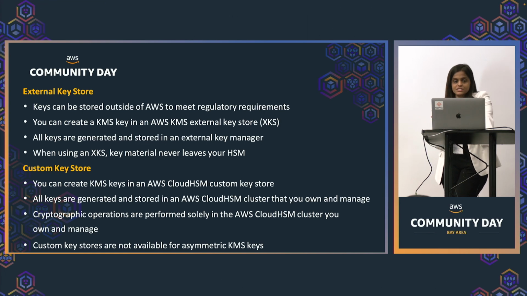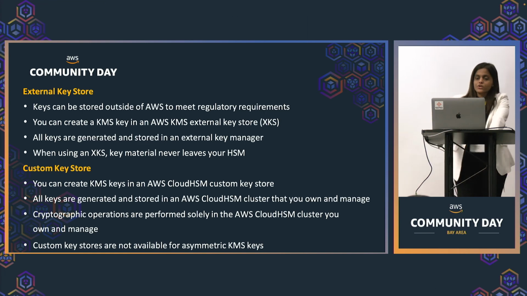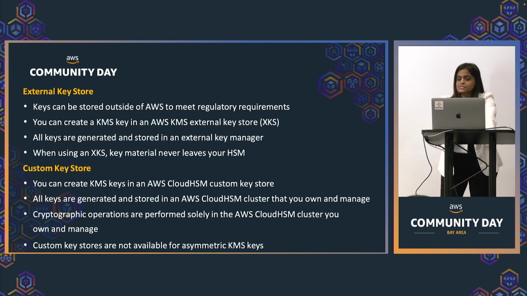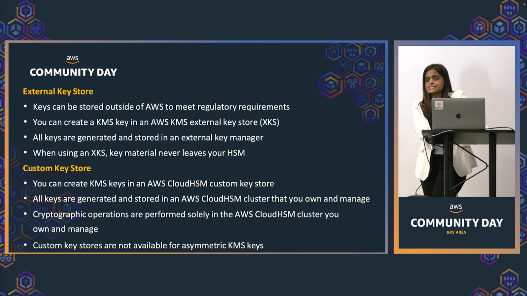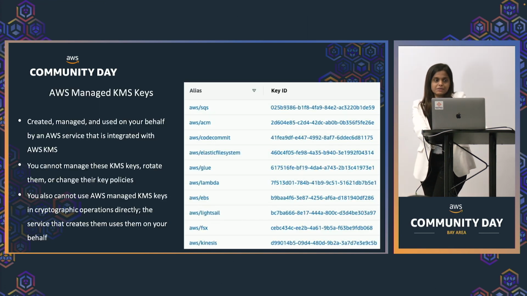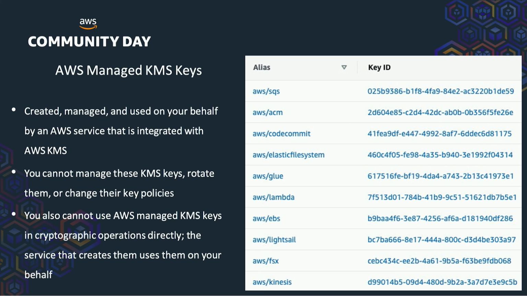So that is your custom key store, and all cryptographic operations are performed solely in the AWS CloudHSM cluster, which you own and which you manage. And one point to remember, custom key stores are not available for asymmetric KMS keys. These are a few snapshots of AWS managed KMS keys, which you can use for different kinds of criteria.